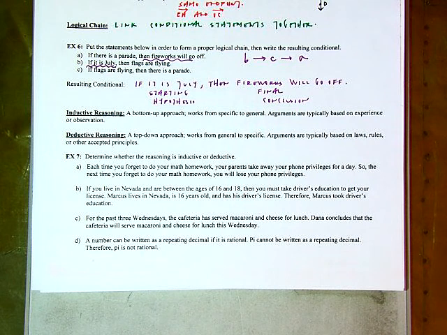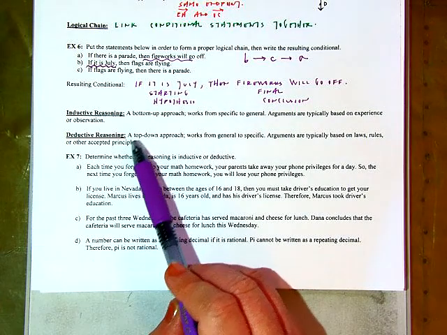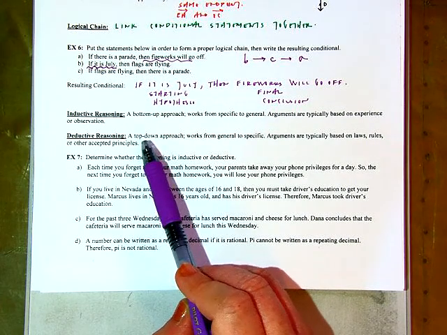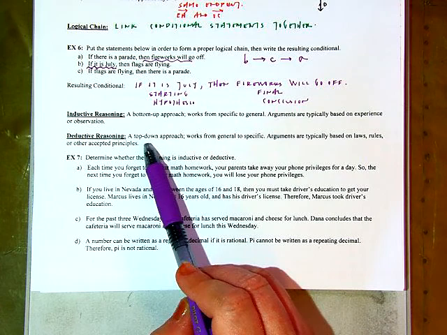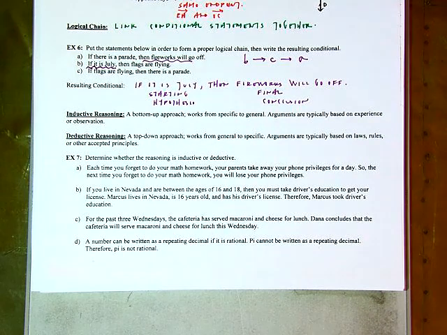It's more of a top-down approach, works from general to specific. Arguments are typically based on laws, rules, or other accepted principles. So we think of deductive as a little bit more concrete, based on things that we already know to be true. So we're looking through our 4 statements, and we're looking for, is it inductive or deductive?